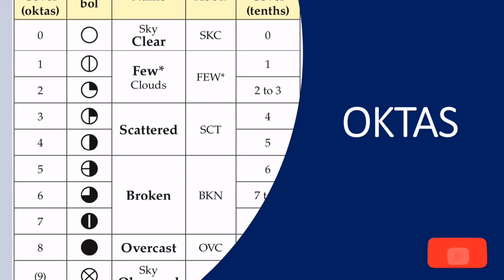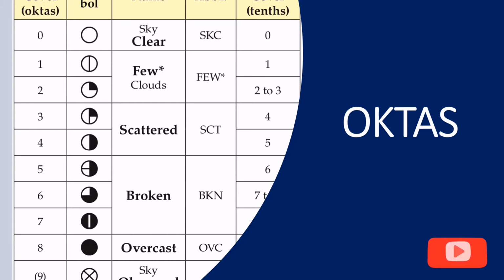And if you have between 3 and 4 eighths of the sky covered in cloud, then you will report that as scattered. So in the Lanseria METAR that we're looking at right now, they found that there were 3 to 4 portions of the sky covered in clouds. Therefore, the abbreviation SCT, Sierra Charlie Tango, scattered clouds at 3,000 feet, as reported in the METAR from Lanseria.